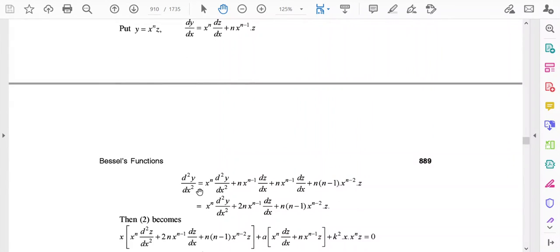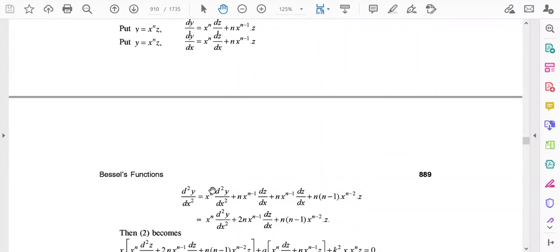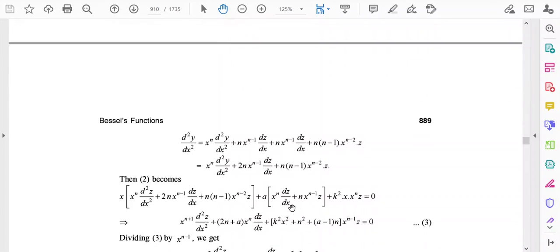Next, we have to calculate d square y by dx square. We will get two terms from the first term, and from the second term we will again obtain two different terms. After some simplification, d square y by dx square will be like this: x to the power n d square z by dx square plus 2n x to the power n minus 1 dz by dx plus n into n minus 1 x to the power n minus 2 into z.